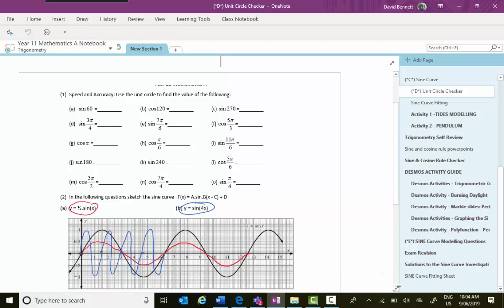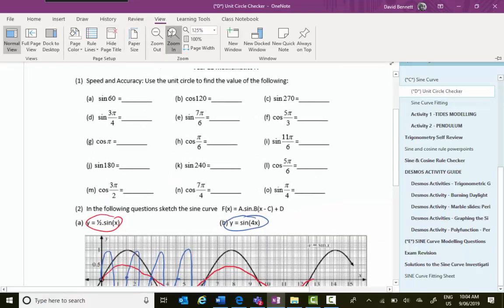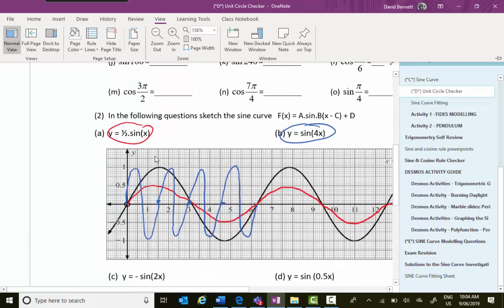If I give you this particular example, for looking at half sine x. Let me just blow that up a little bit. Half sine x means that I've only got half the amplitude and it's a normal wave. So it's just a normal wave going half the distance.